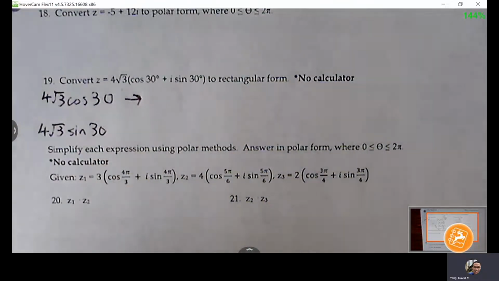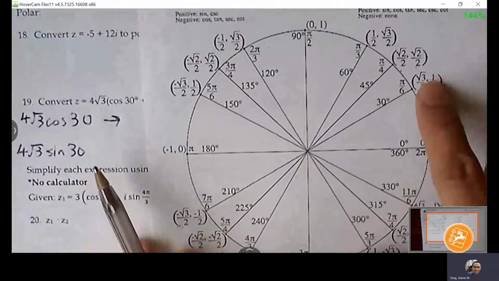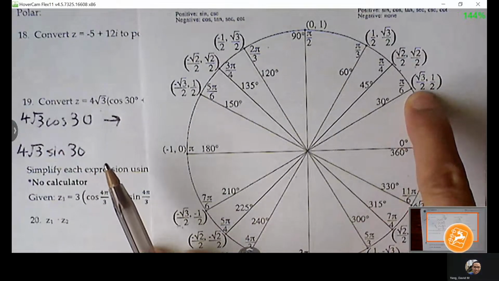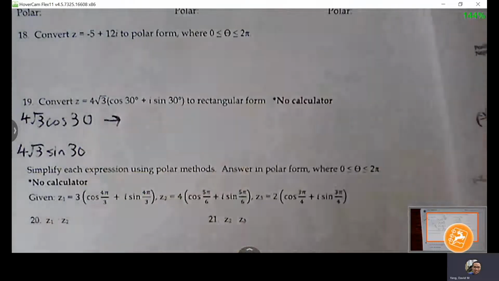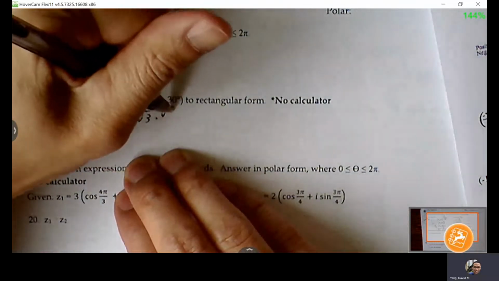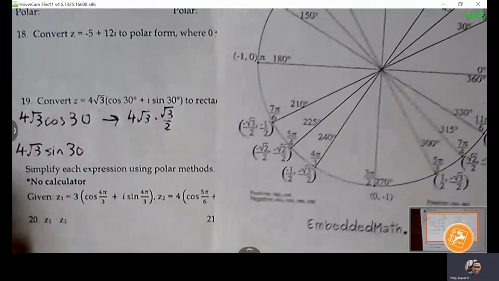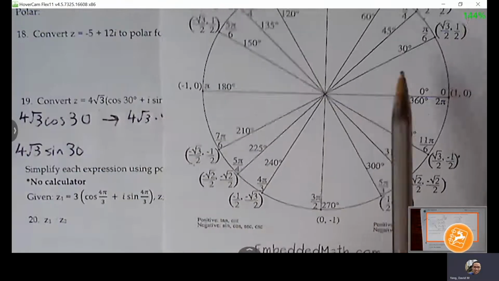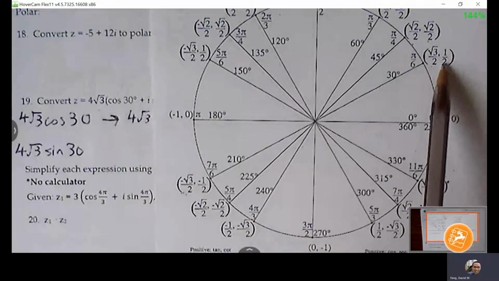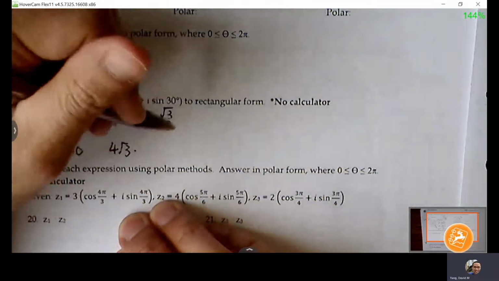Okay, what's cosine of 30? Root 3 over 2. Sine of 30, 1/2.